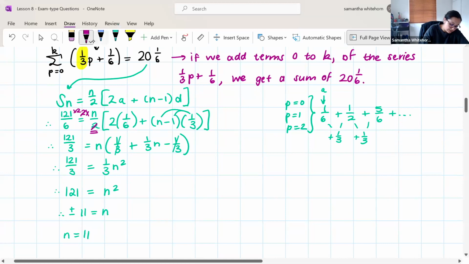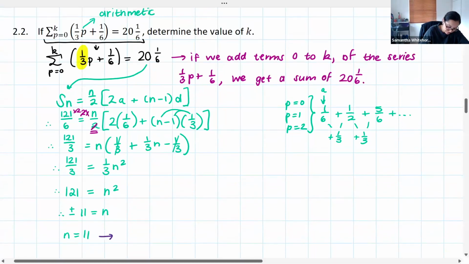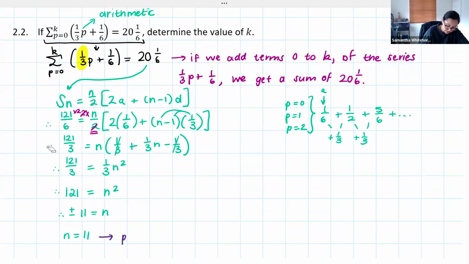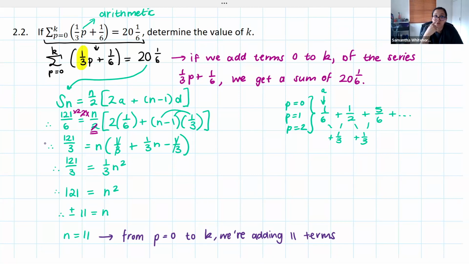Now I want us to just go back to what this actually means. This is saying, oh golly, Miss Molly, from p equals 0 to whatever k is, we're adding 11 terms. Now that's an important distinction. It's been a Wednesday.